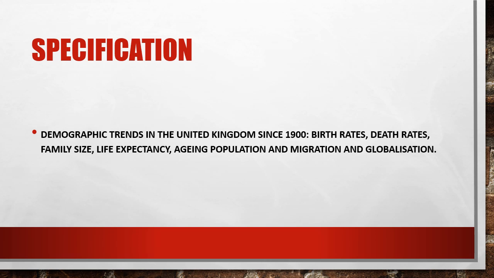So, okay, if we have changes in migration, is that going to affect the dependency ratio? With the ageing population, don't neglect the positives. A lot of the time students focus on the negatives, but what about the positives, like the grey pound and the fact that, yes, we have an ageing population, but they're also spending money, so bringing money into the economy.